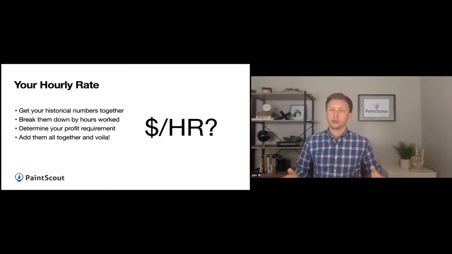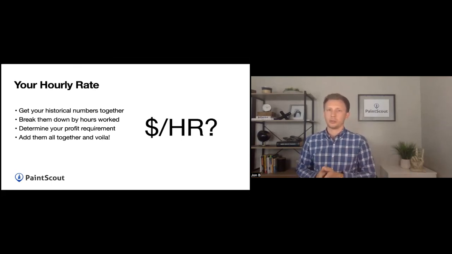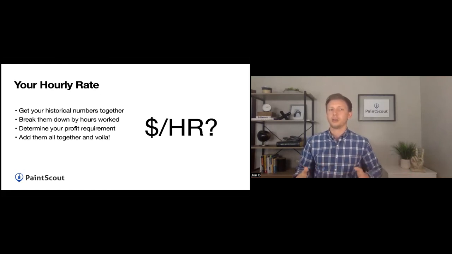In order to do this today, the best way to do it is to get your historical numbers together. This is your profit and loss statement. Break them down by the hours worked by your team, your production team. Determine your profit requirements. That's different for every business. Then we're going to add them all together, and voila, we should have an hourly rate that's going to make sense for each and every one of our businesses.